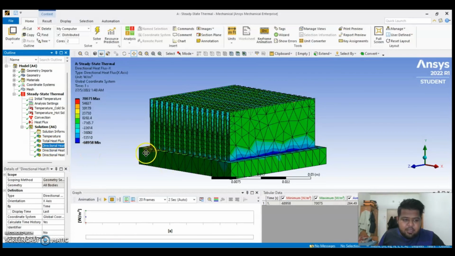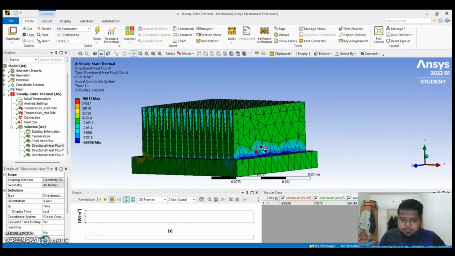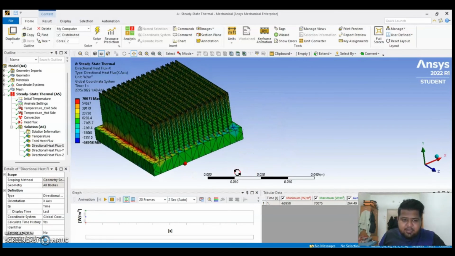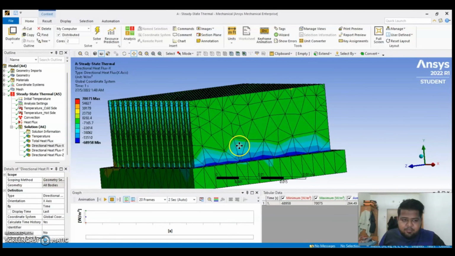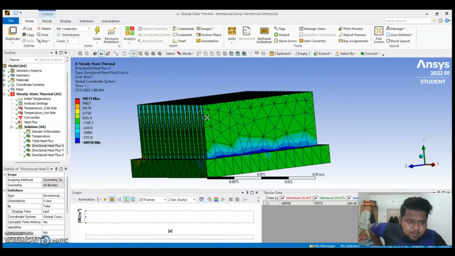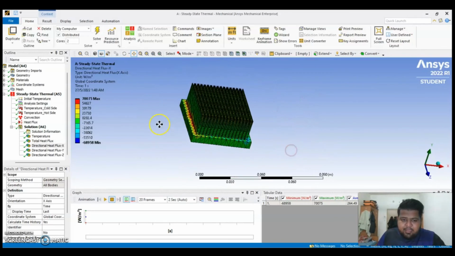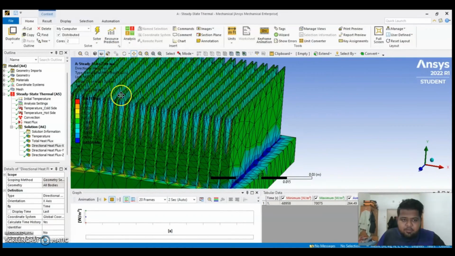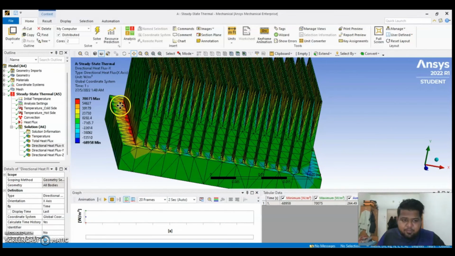After looking at this, let us look at the directional heat flux. The directional heat flux at X, we are able to see is at negative 68958 at the bottom, towards the top, which is around negative 7165.7, 8282.4. And there are certain regions which have a higher heat flux rate, which is at 70,075.